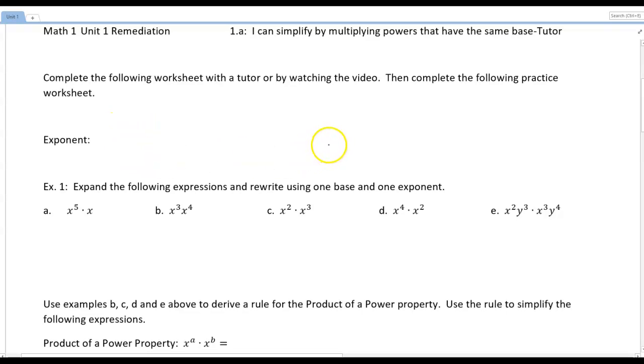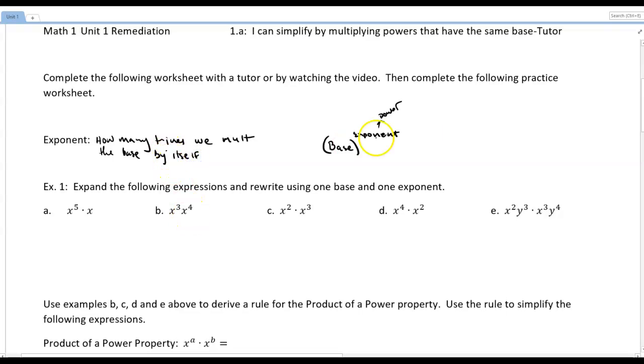Anytime we deal with exponents, we have what we call a base, and we raise that base to an exponent. Another word for exponent is power. What that exponent does is it tells us how many times we multiply the base by itself.